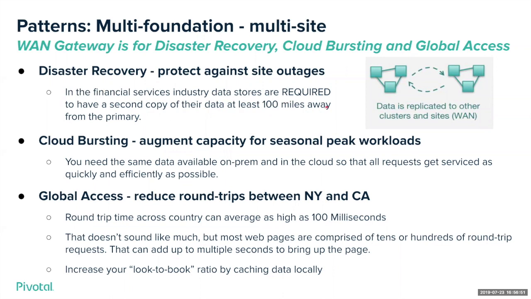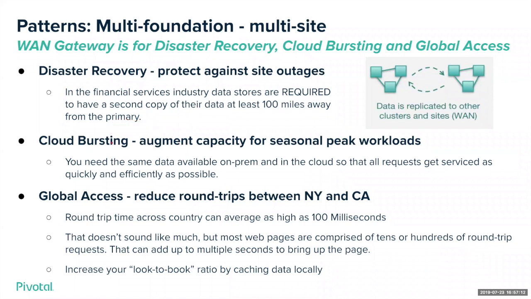So in disaster recovery scenarios, you have this WAN replication between different sites. Maybe you have one site in New York and another in California, and with this caching WAN replication you have disaster recovery, which is a scenario where you can use PCC.